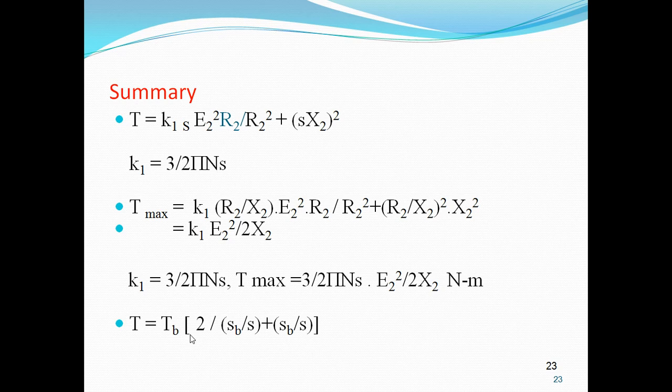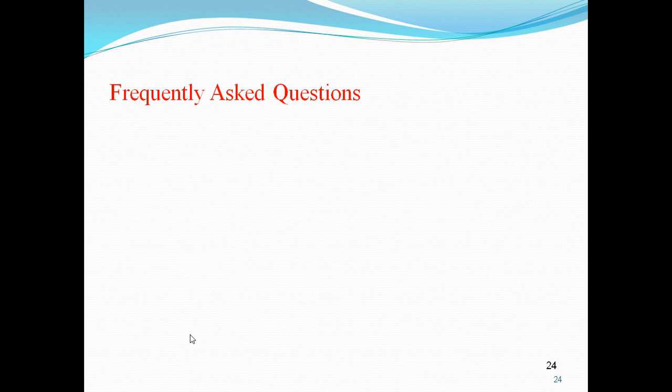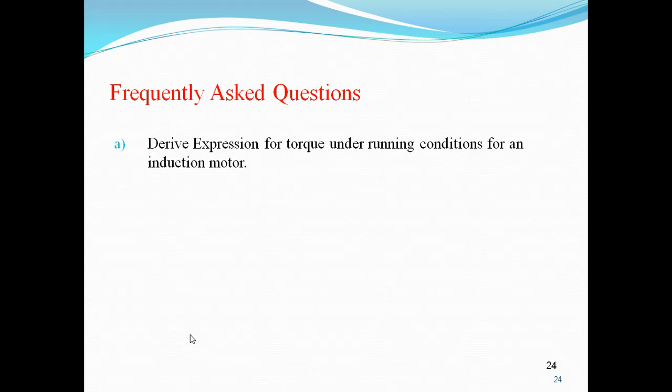We have to practice these derivations, and for maximum torque you have to do the differentiation. The questions we can get from this chapter are: derive the expression for torque under running condition for an induction motor.